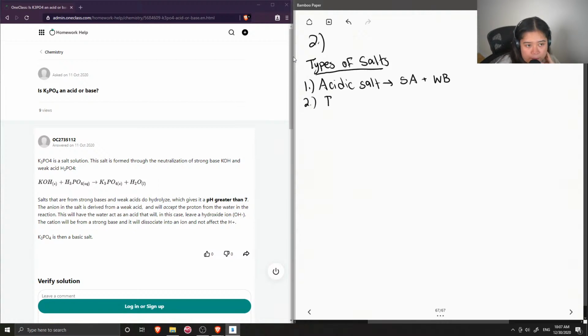You could have a basic salt, which is formed when you combine a strong base with a weak acid. And lastly, you can have a neutral salt, which is what is formed when you react a strong acid with a strong base.